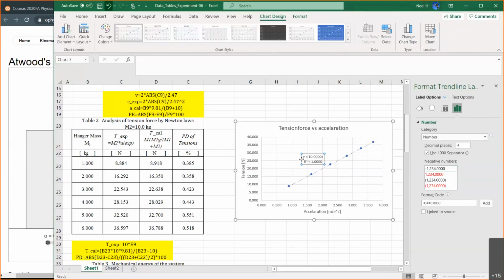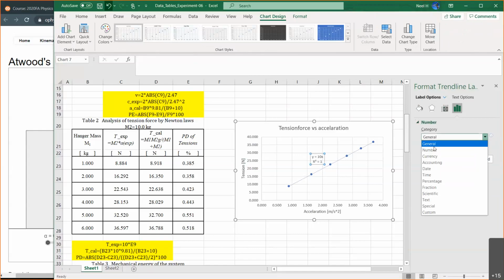As soon as you double click, these 4 icons on the very top right hand side will appear. Click on the last one, the fourth one. Then you will see number, category, and then click right here. It should say general. Then just click on there, then change into number, then change the decimal places into 4. Okay, question? Any other question?